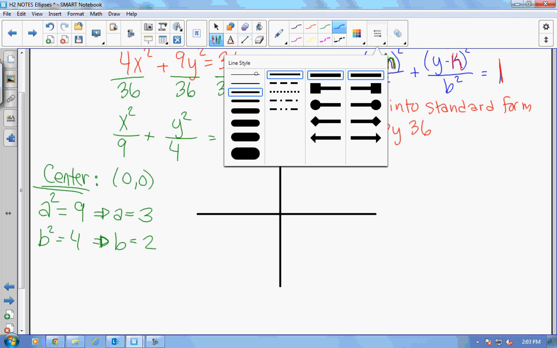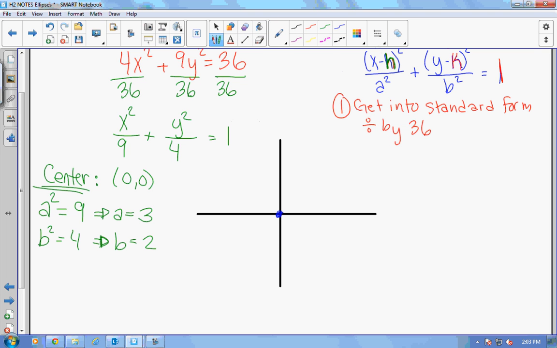Let's put the center on. I'm even going to give it a little C, so I remember that point is the center. From the center, we know that the semi-major axis is 3 units long.